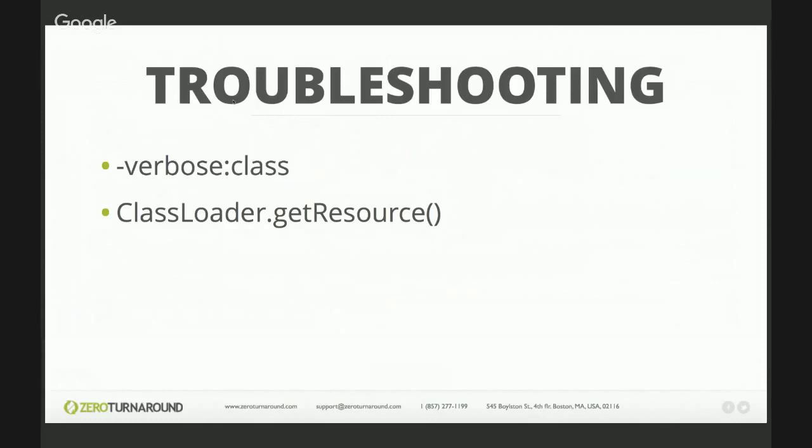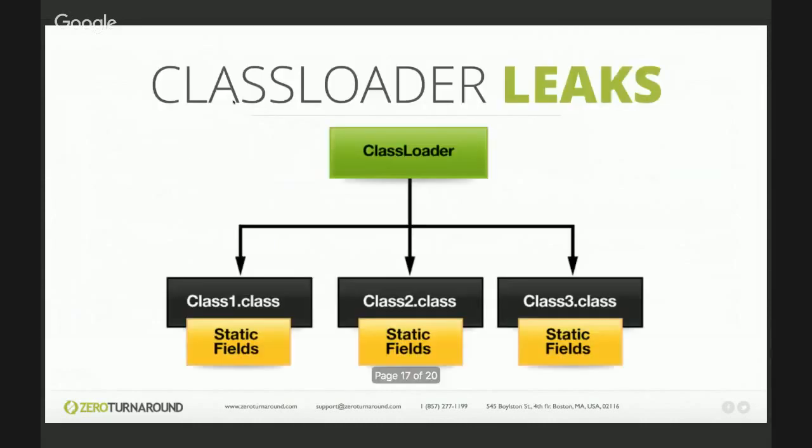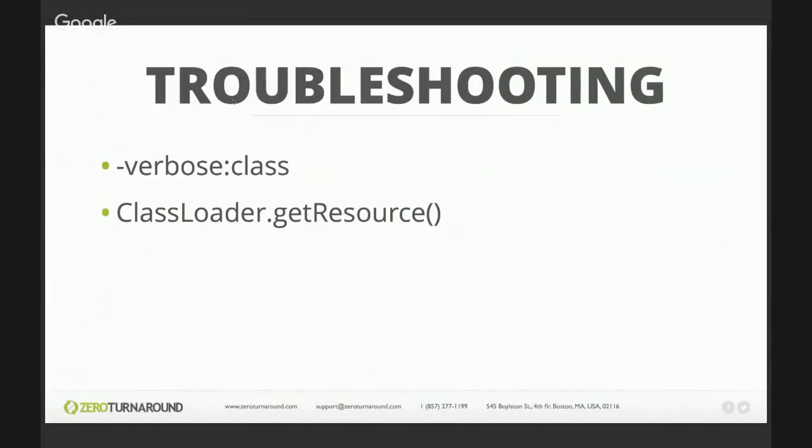You can also do minus verbose class on your JVM startup, but this is actually very verbose. If you have a very specific problem, it might be easier just to do class loader.getResource and add debug. Okay, any questions on that before we talk about class loader leaks?